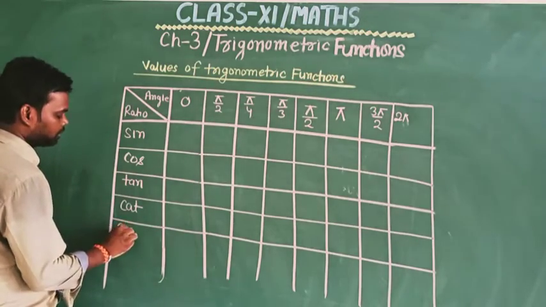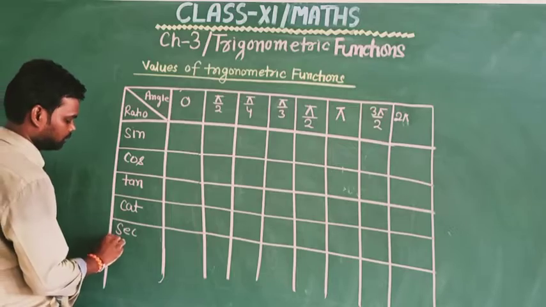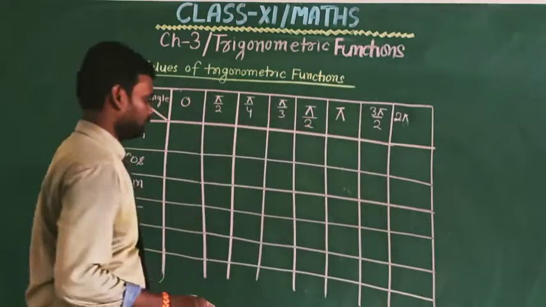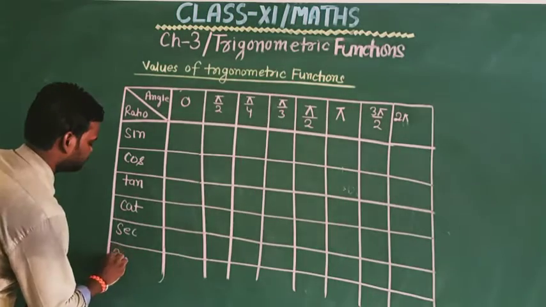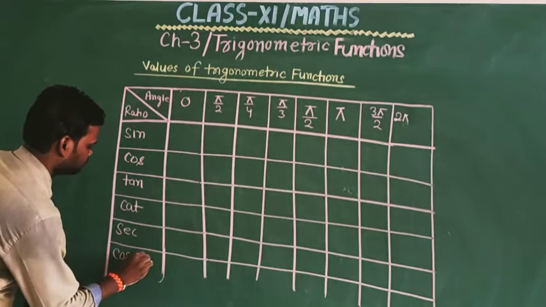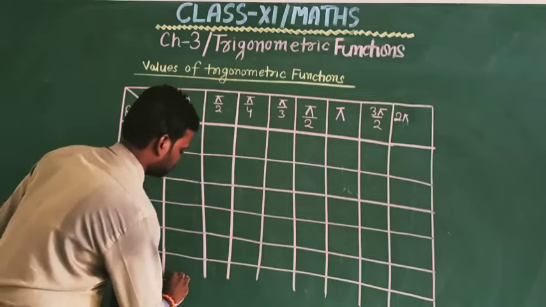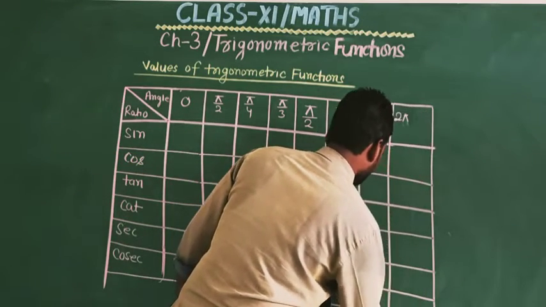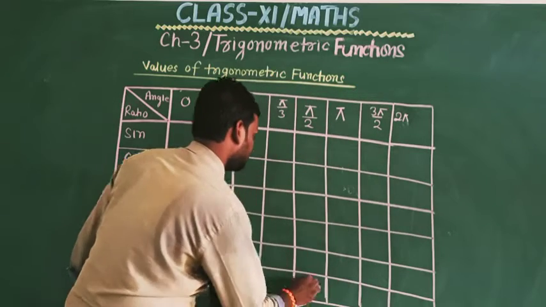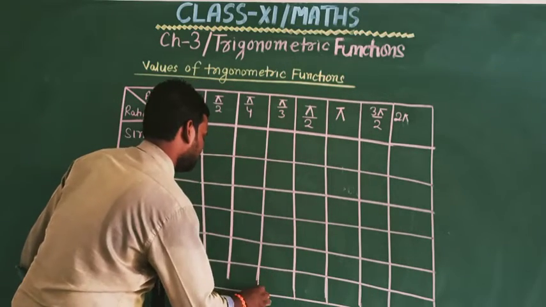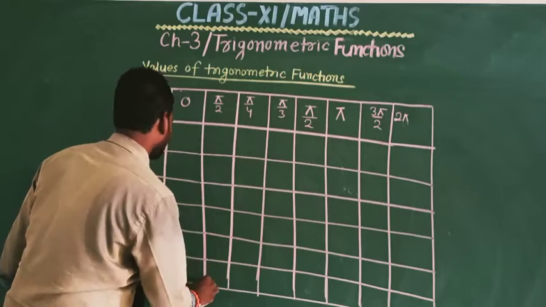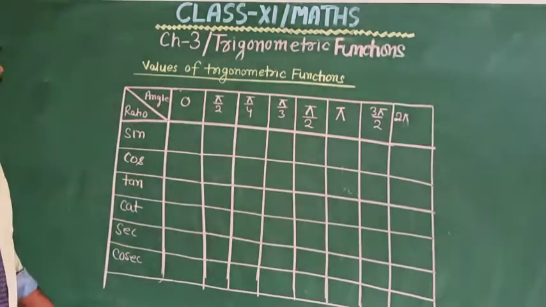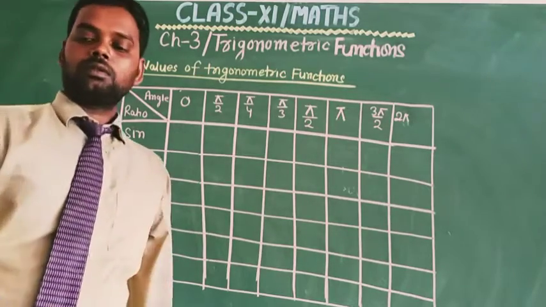Next is sec. Next is cosec. Here we have to draw the table for the values of trigonometric functions, meaning sine, cos, tan, cot, sec, cosec.